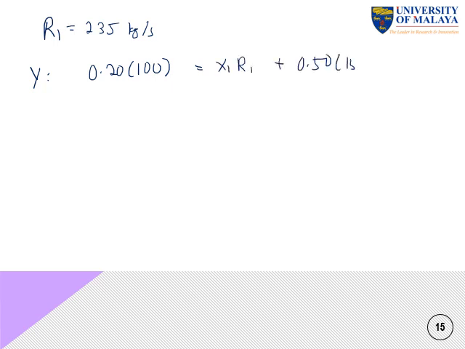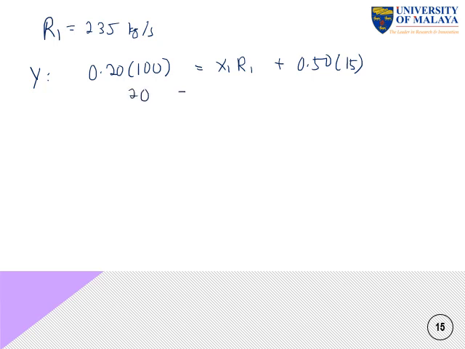Okay, now that you got R1 equals 235, let's try to solve for the remaining unknown variables x1, x2, and x3 using the control volume where we combine stages 1 and 2. Just now R1 is 235 kilograms per second. So we do a balance on component Y. 0.2 times 100 at the input equals x1 R1 plus 0.5 times 15.